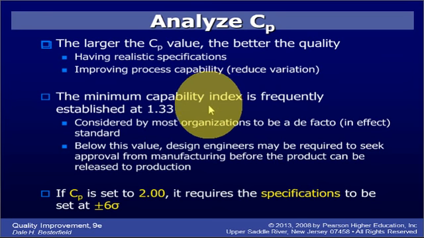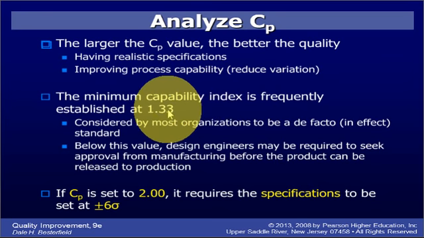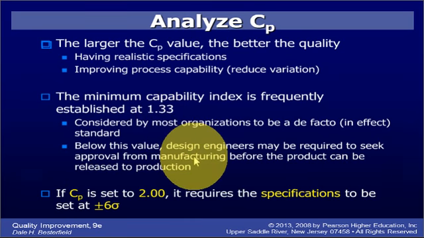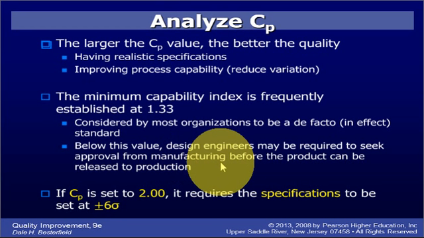In industry, the minimum capability index is frequently established at 1.33, and this is considered by most organizations to be a de facto standard, so it's like an in-effect standard. Below this value, design engineers may be required to seek approval from manufacturing before the product can be released to production.